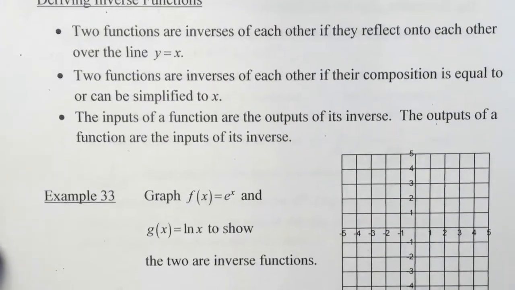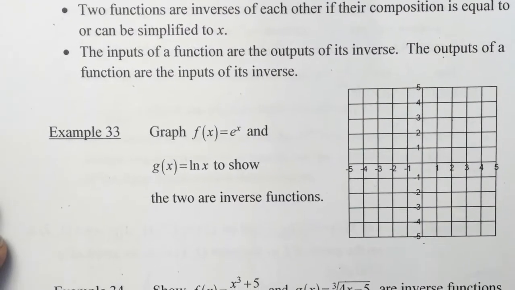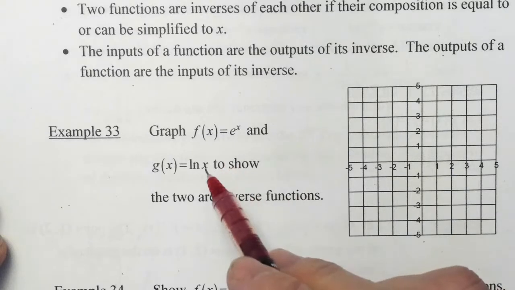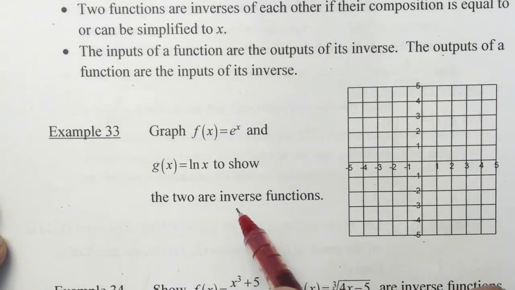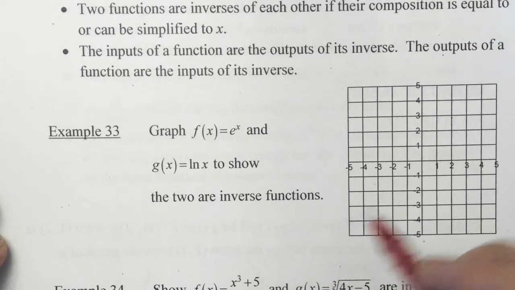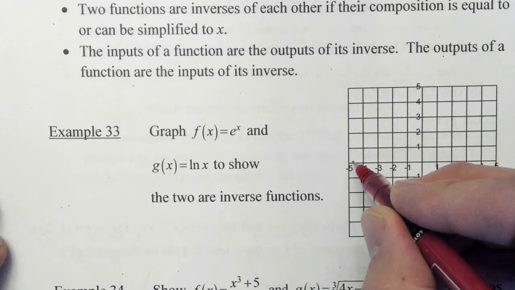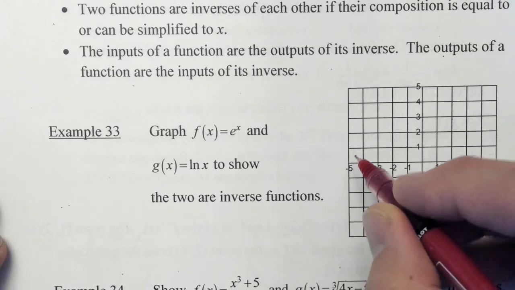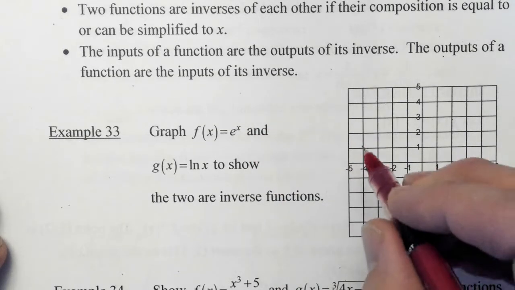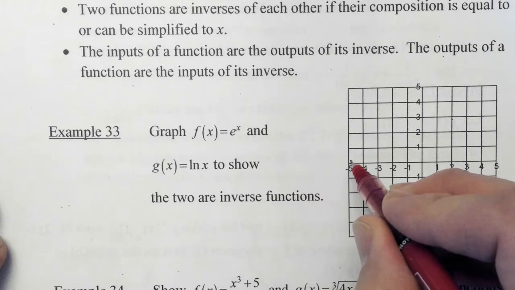All right, so if we go to example 33 quickly, it says graph e to the x and the natural log of x and show that these two functions are in fact inverse functions. Now e to the x, we recall, is always positive. When x is very, very small, like negative 100, e to the negative 100 is very close to 0, but not actually 0.